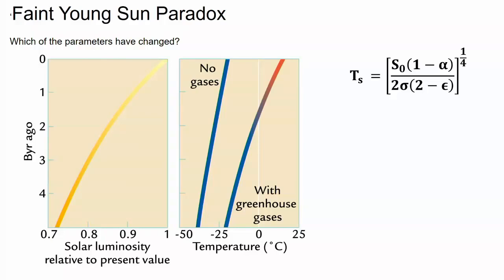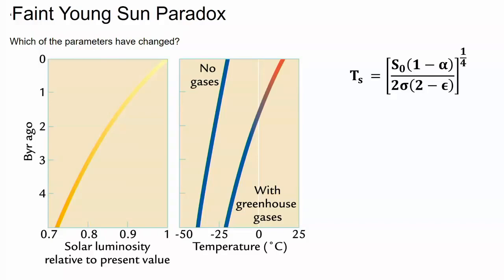So one of the things we think is that actually this emissivity term has changed quite substantially through time. The atmosphere back here was more greenhouse gassy. There were more gases in the atmosphere that absorbed the Earth's radiation, meaning it would warm the planet up here.